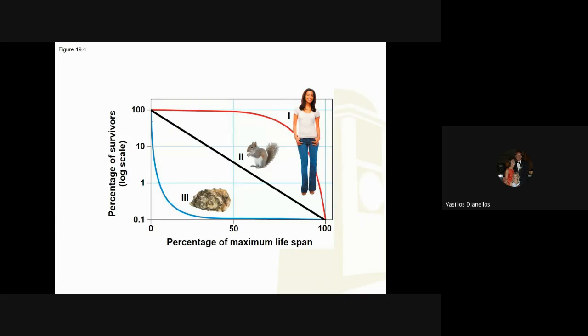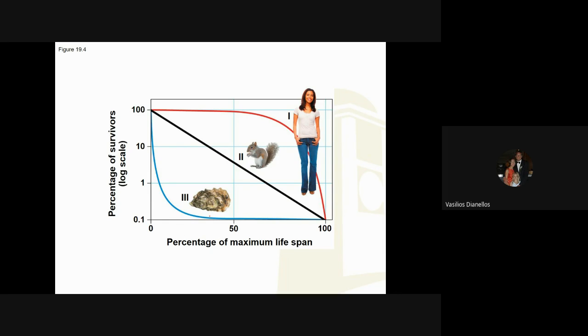Oysters put out thousands of eggs, and most of which won't even make it, right? And eggs are basically baby oysters as far as this is concerned. So the chances of you making it to the first portion of life is very slim for oysters. But then, if you do make it, your chances of making it to the next decade or the next portion of your life is much higher.